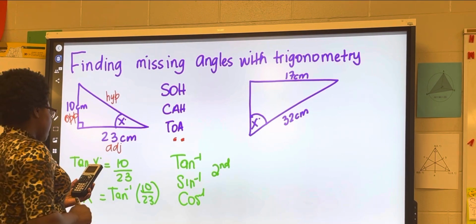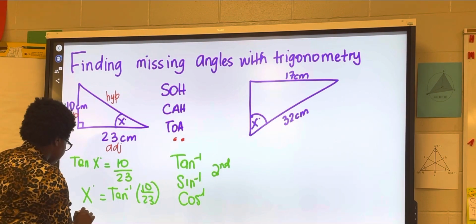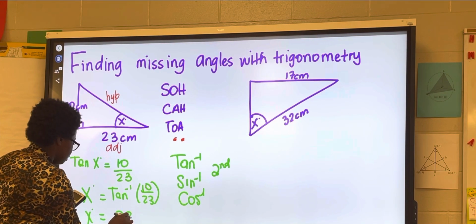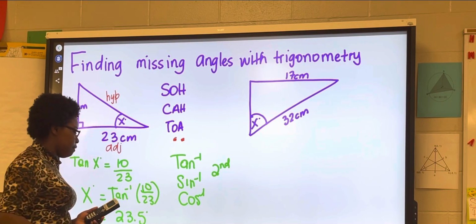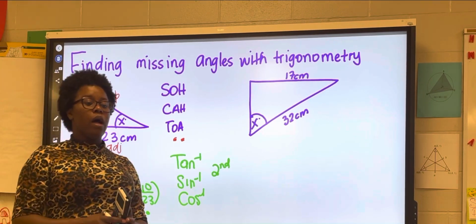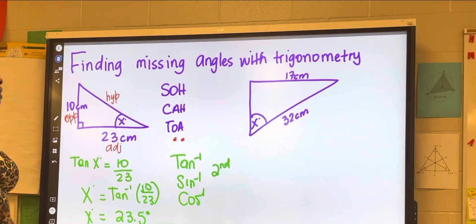And we will get 23.498. So my answer to one decimal place is 23.5 degrees. And there you go for your answer. So we always go for the inverse of the function when we're trying to find a missing angle.